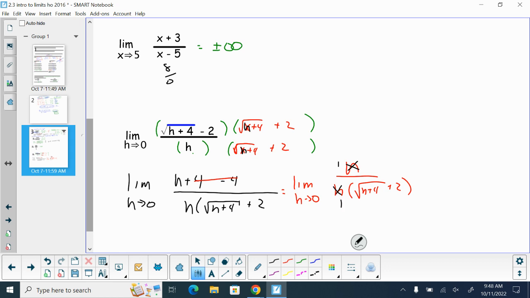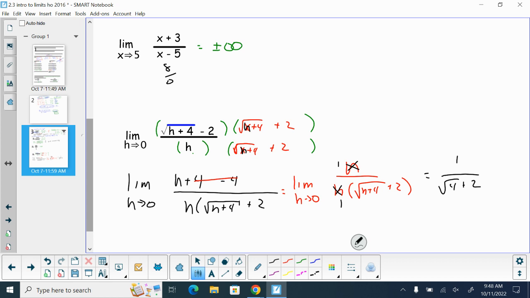Now if I try to substitute in, we have 1 over the square root of 0 plus 4, which is 2, plus 2.